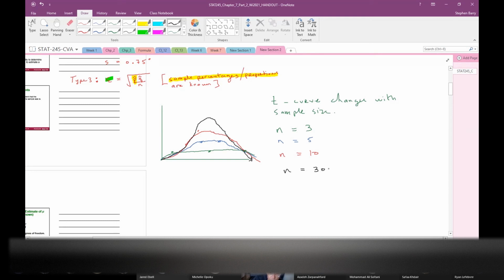As it approaches infinity, obviously, that's when you get a perfect Z-score. But as we'll see in the chart today, when you get to around 200, it's basically identical to a Z-score. You're not going to see too much change as you keep going. It's just going to be a little bit more central. The change happens fast at the beginning and slower later, as it eventually evolves into a Z-score.